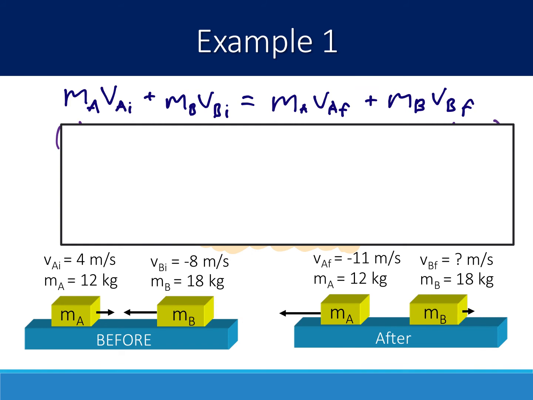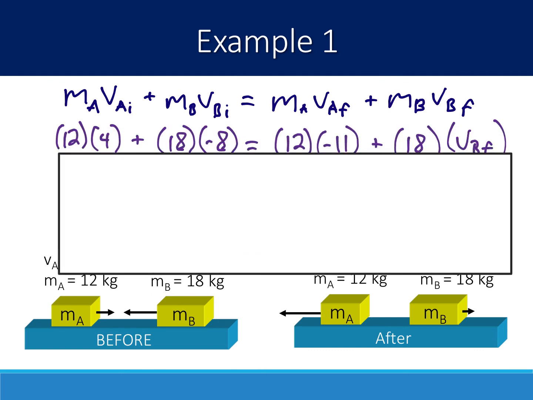So when we look at how this sets up in an equation, we need to keep track of our masses, mass A and mass B, and our initial velocity of block A and block B, and our after. So we're going to solve for how fast is block B moving after the collision. Our conservation of momentum equation will help us set that up.